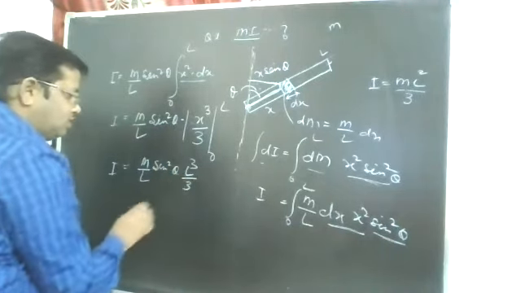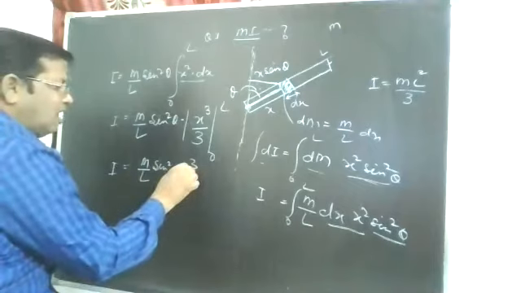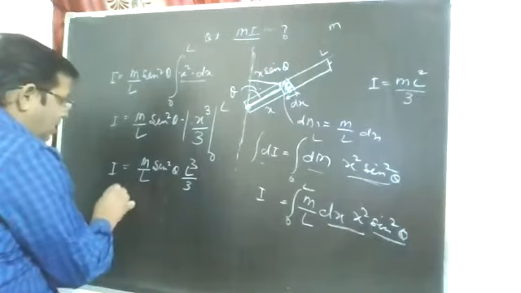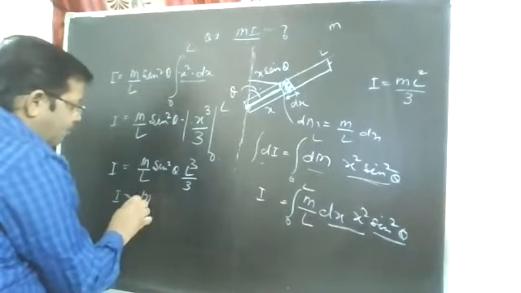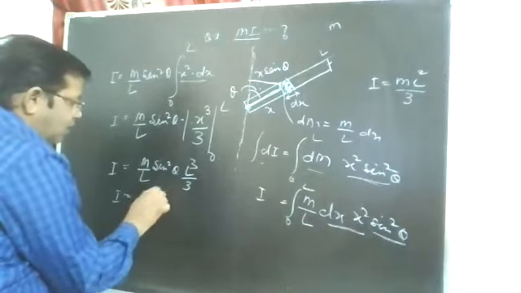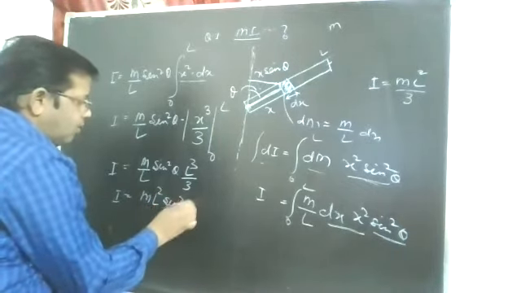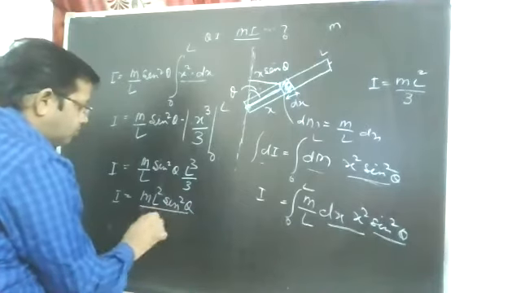If you solve this, L cancels out, L square remains. Your answer will be M L square sine square theta upon 3.